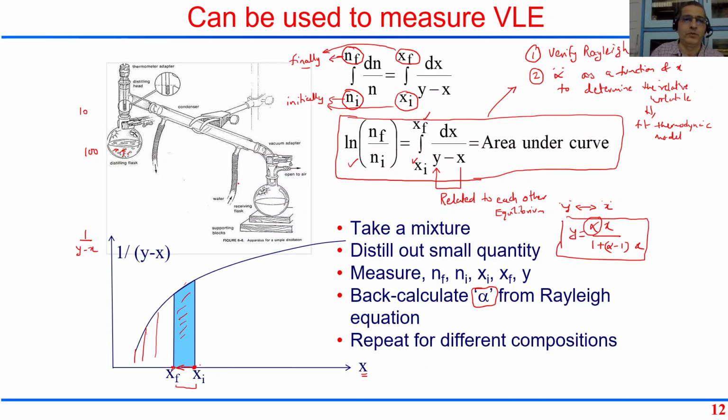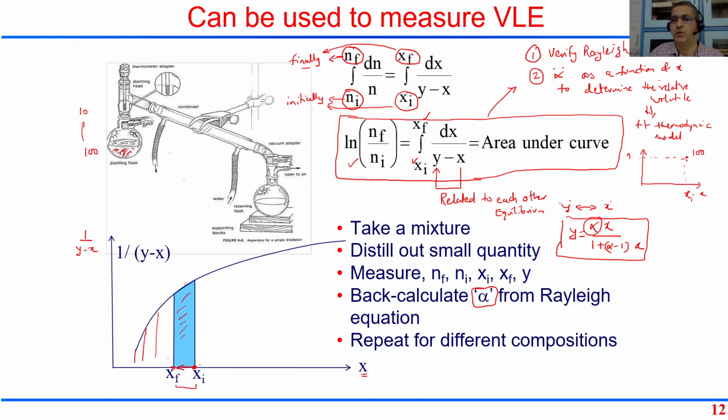Another way we are going to do is, if I keep on distilling material from the still, so we start with 100, let's say we distill out 10, we find out what the xf is. What we can do is we can generate a curve where we start with 100 moles, so let's say this is our n and this is our x, so this is our xi initially, let's say xi is say 0.9, whatever value you want, and let's say we start with 100 moles.